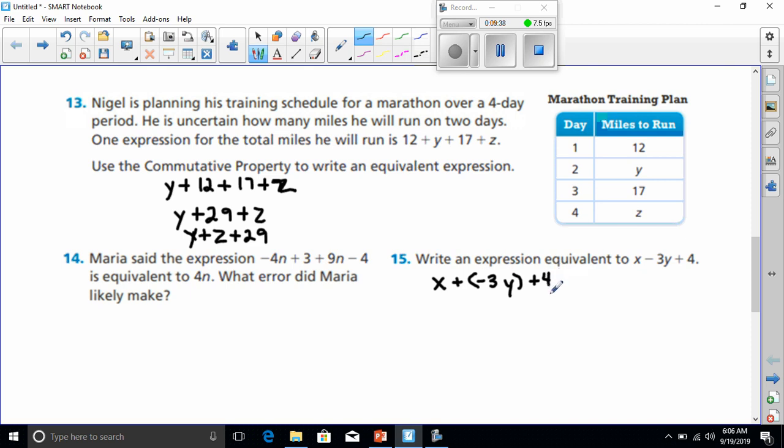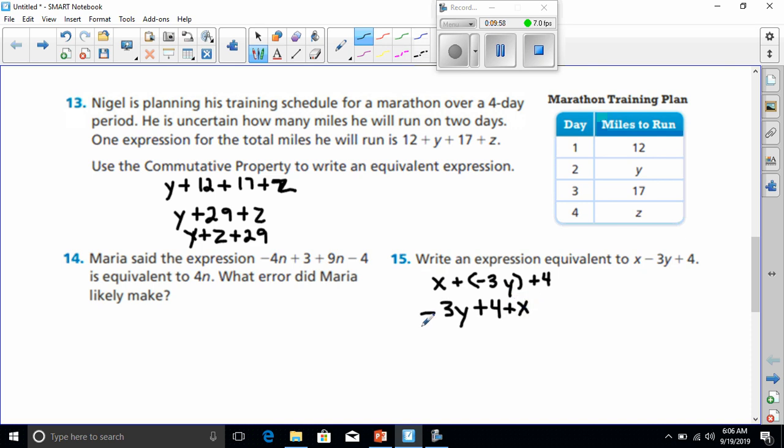And if I wanted to rewrite this, I'm going to claim that negative 3y plus 4 plus x.